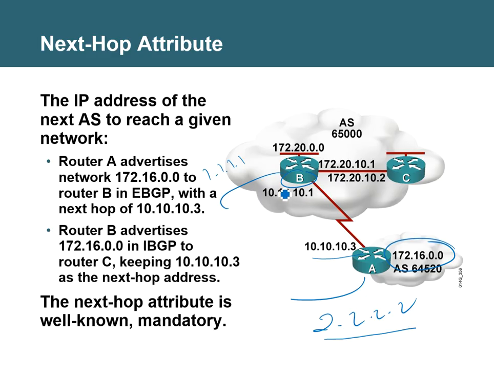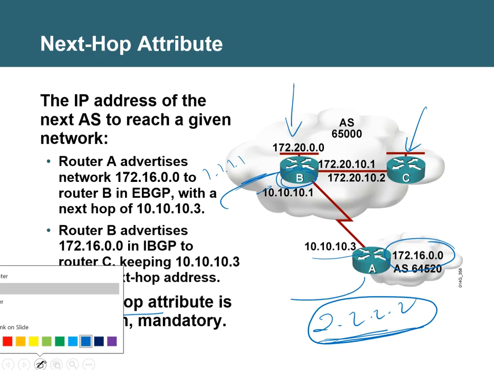When B learns this network from A, it will come with this address because we used the update source command. So according to B, the next hop will be 2.2.2.2. And according to C, it is the same 2.2.2.2 until you say next-hop-self here. And this is the next hop attribute. It is well-known and mandatory.